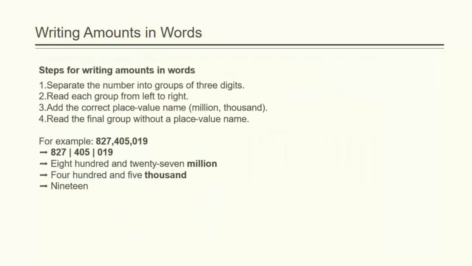Read each group from the left to the right. 3. Add the correct place value name, whether million, thousand, etc. Then finally, read the final group without a place value name.